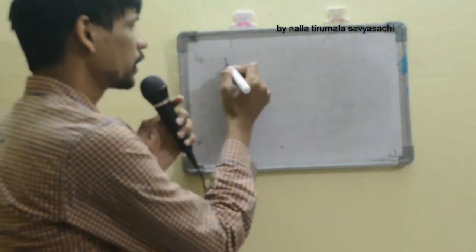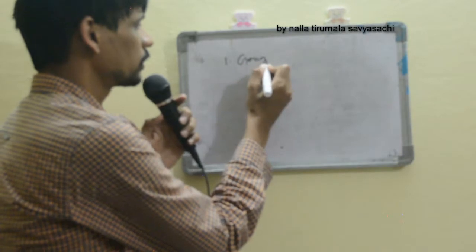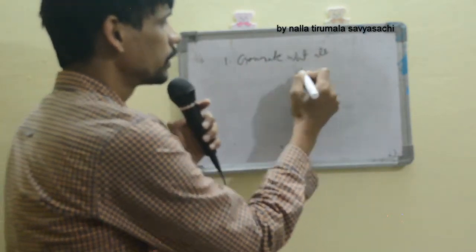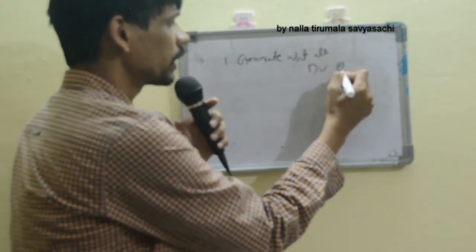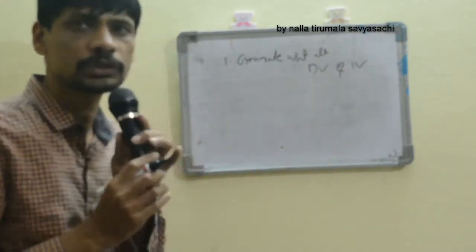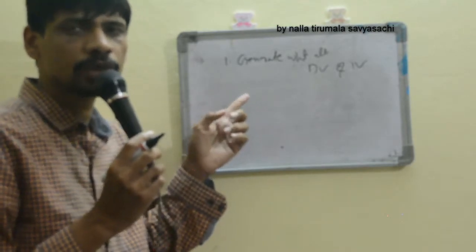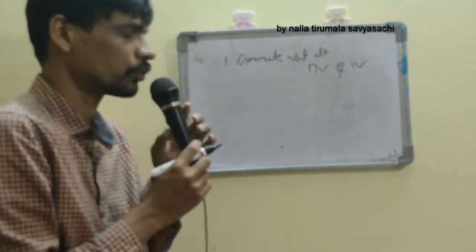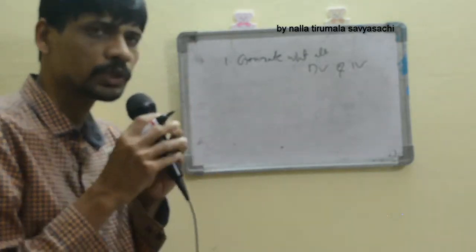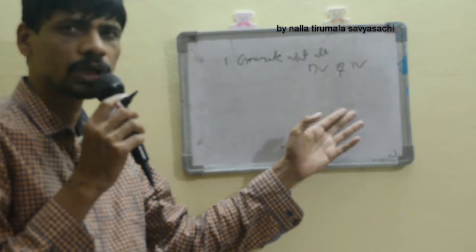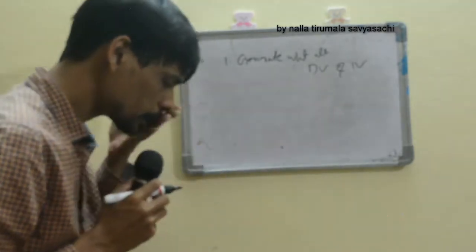So first thing is to identify what all are our dependent variables and what are our independent variables. This is required in simple linear regression also. First, whenever we get some data, we should identify what are our dependent variables and what are our independent variables.